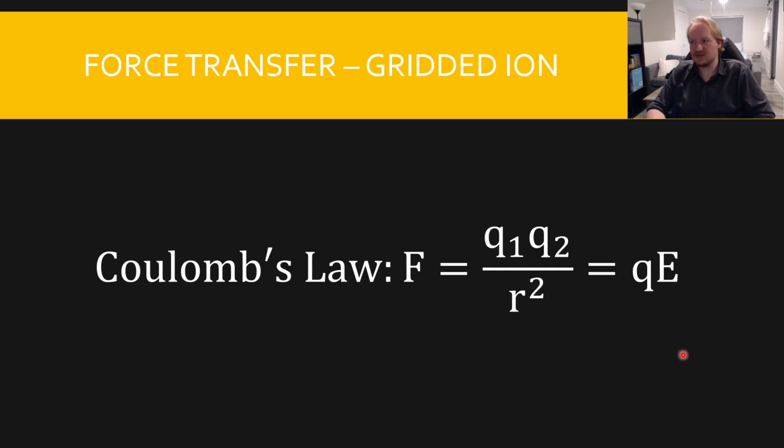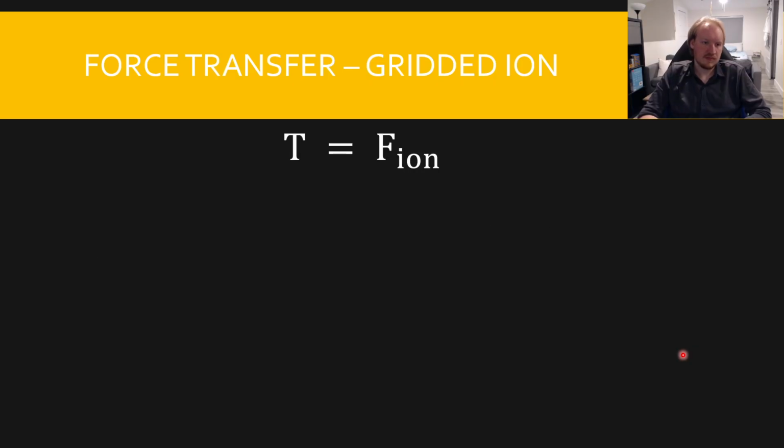This is especially useful if you have a very large electric field that is going to be stagnant. So it has enough weight that that particle isn't going to be moving around, or in the case of our screen and accelerator grids, you have a big piece of metal that is going to be creating an electric field, and the force from the ions on that metal is going to be negligible in our final calculations. So we can just look at the force that those grids are putting on the particle.